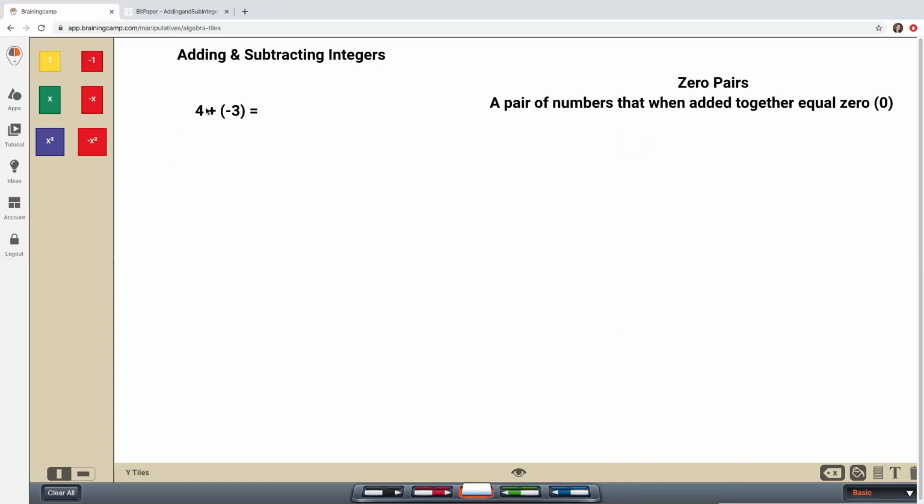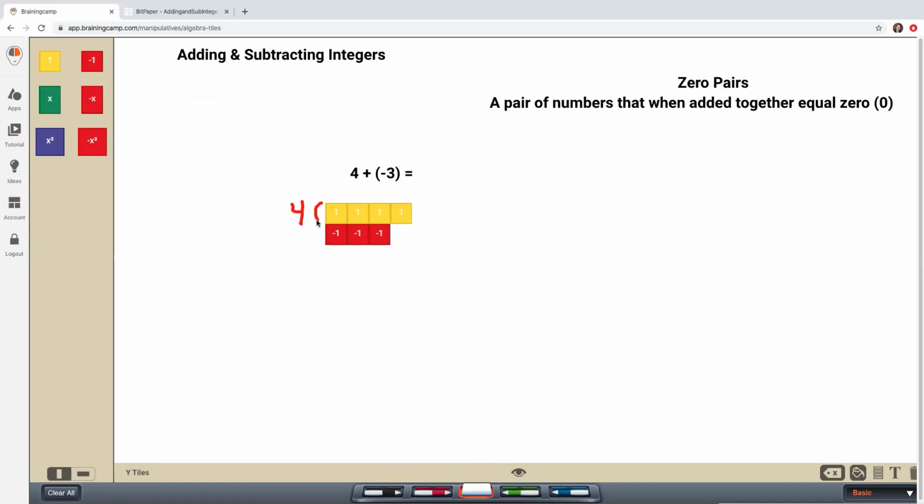Okay, so first, when solving 4 plus -3, we need to build the number 4 with our algebra tiles. So this amount right here represents 4. And since we're adding, we're going to go ahead and add the quantity -3. 1, 2, 3.